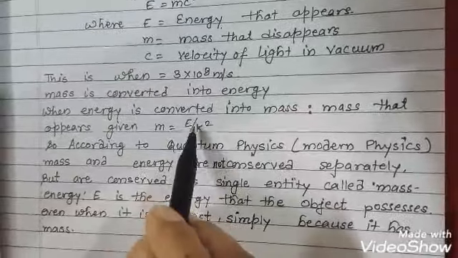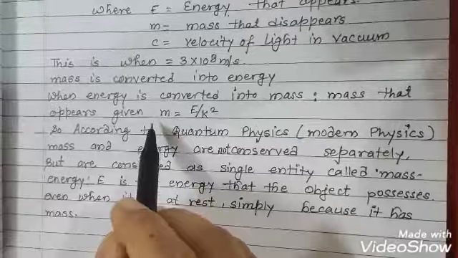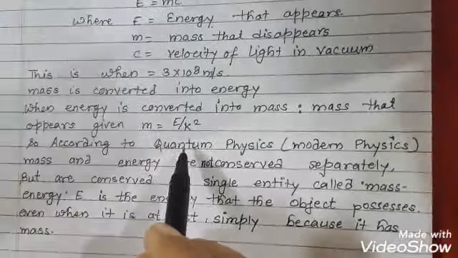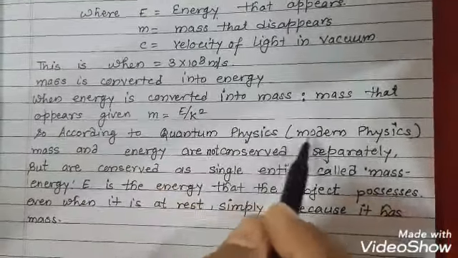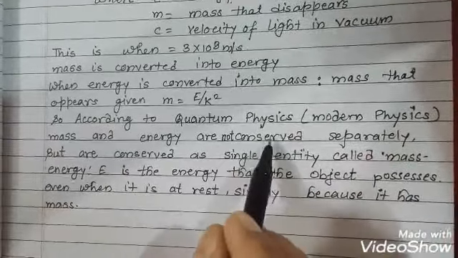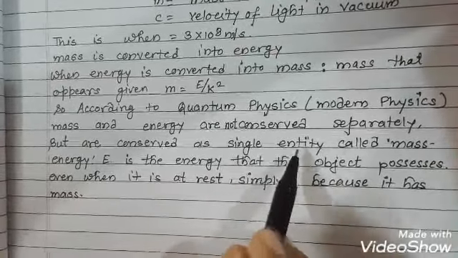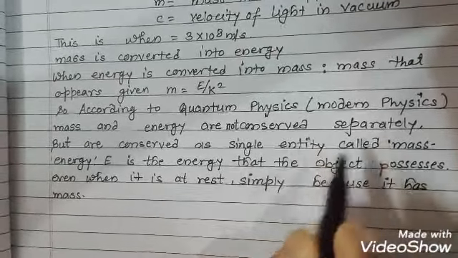That means E energy disappears to create m mass. So according to modern physics, mass and energy are not conserved separately but are conserved as a single entity called mass energy.